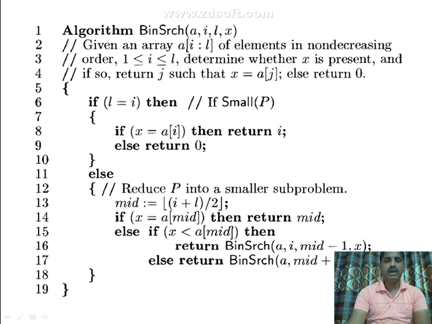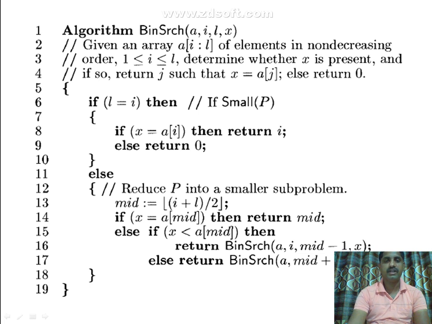If l equals i, that is, if small, then if x equals a[i], return i, else return 0. Otherwise mid equals (i+l)/2. Then if x equals a[mid], return mid, else if x is less than a[mid], then return BinarySearch(a, i, mid-1, x), else return BinarySearch(a, mid+1, l, x).